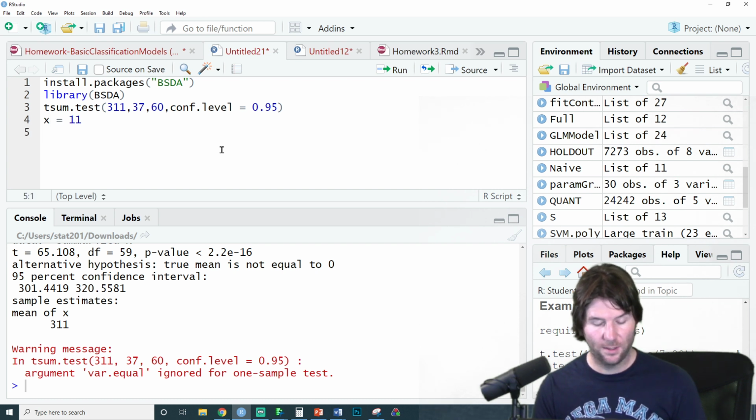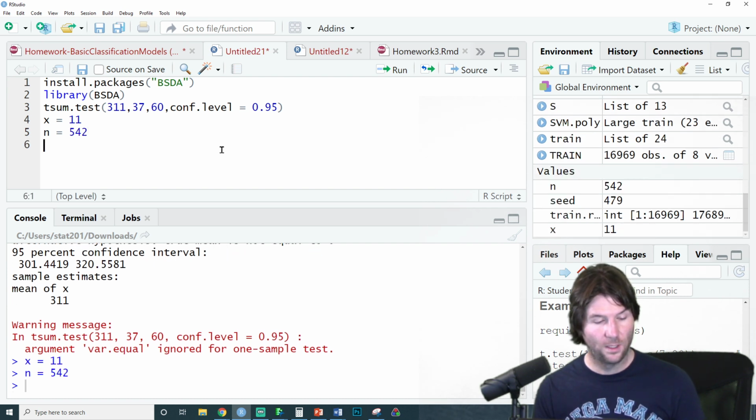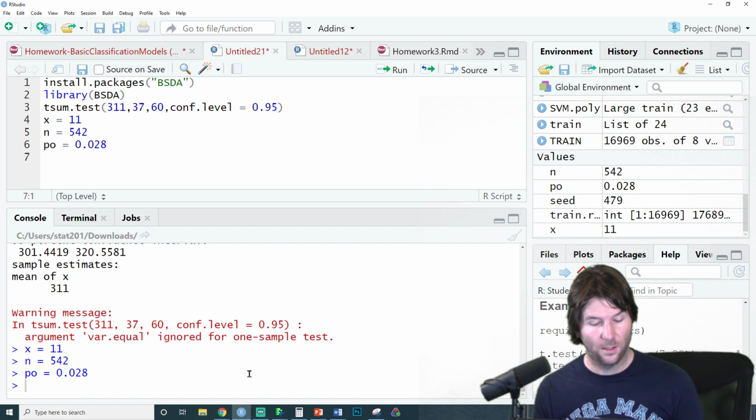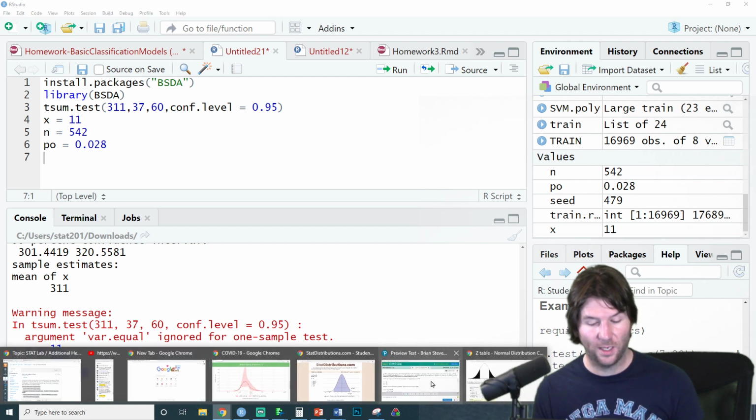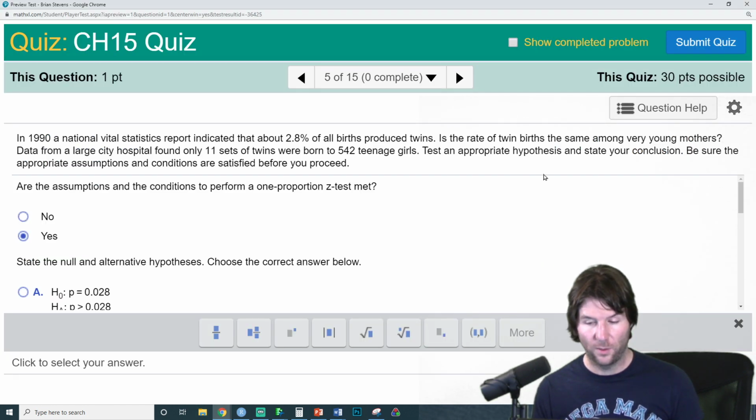X equals 11, N equals 542. I have seen my Pearson mess up before, and I'm hoping this is one of those weird instances. There's P naught. Let me make sure I get all my numbers right. So there's that. Let's store Q naught in here.